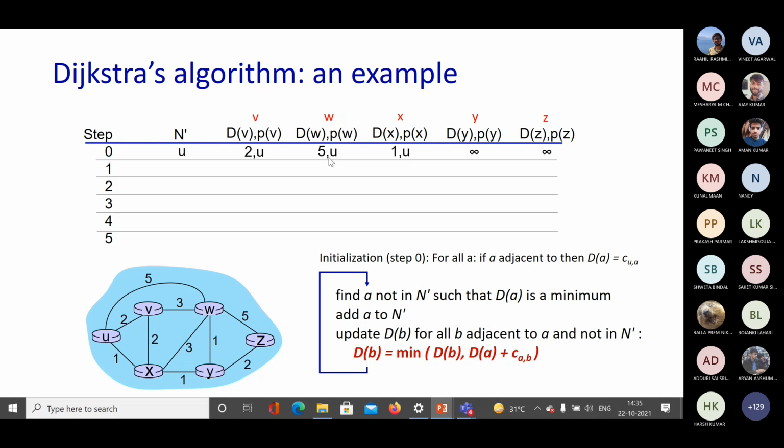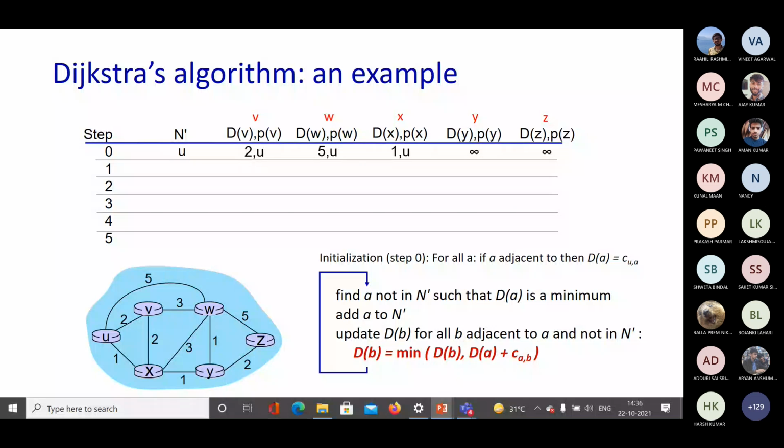One by one, iteratively, we will try to find out. So check this here in the graph that has been given. If you want to move from U to V, there is a direct edge from U to V, and that has a cost of 2. So you got the cost as 2 here.